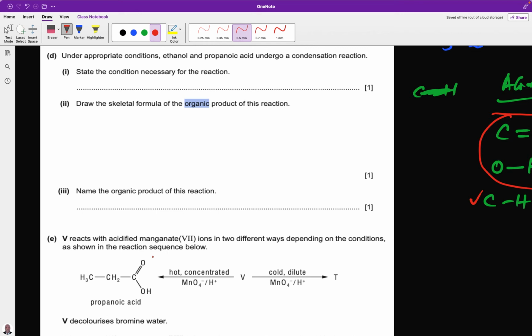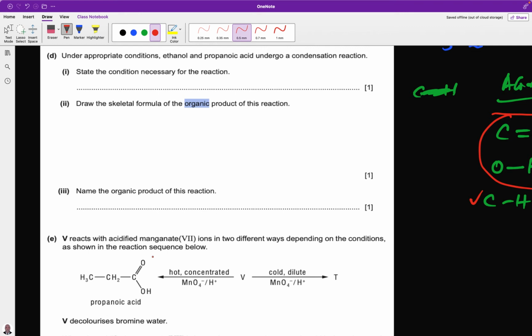What is a condensation reaction? A condensation reaction is one where there is an elimination, a removal, of water.